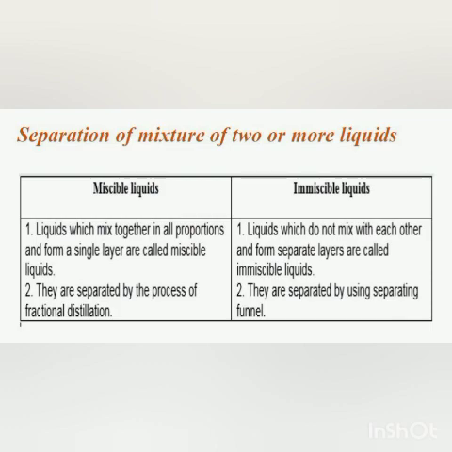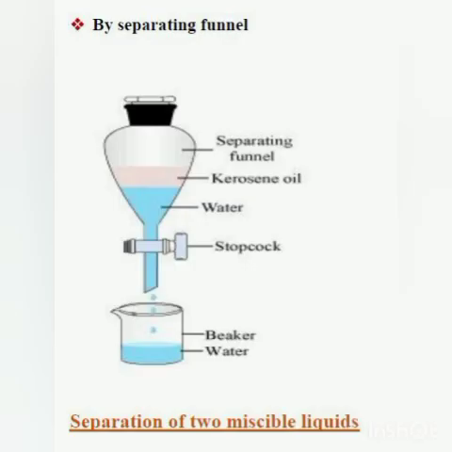Can you tell me any immiscible liquids? Like oil and water. How to separate the two? That can be separated by using a separating funnel. You can see in the picture.